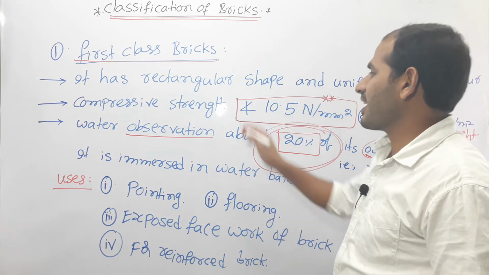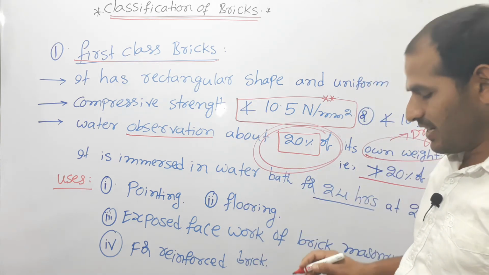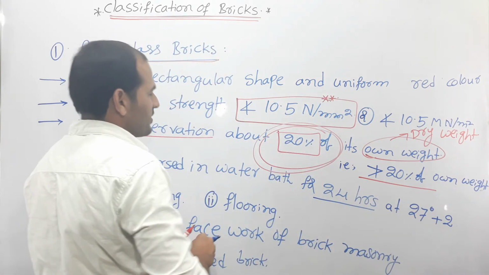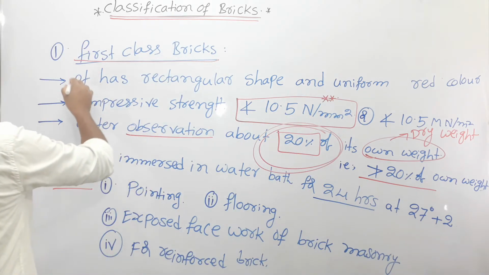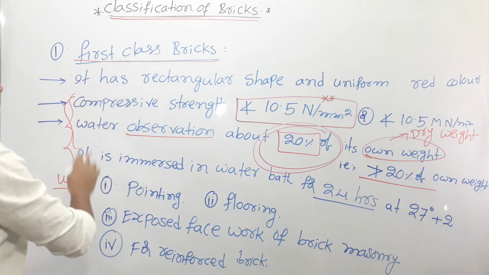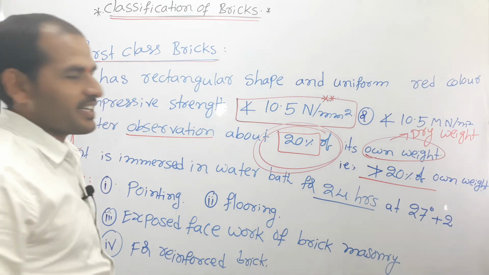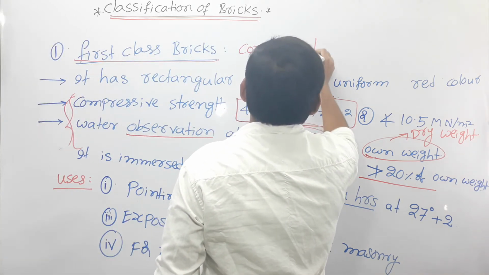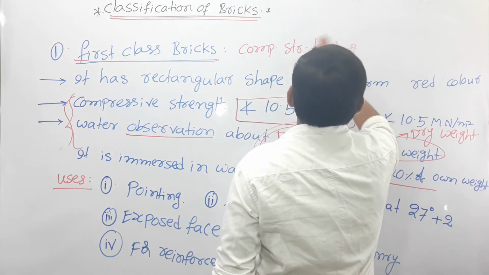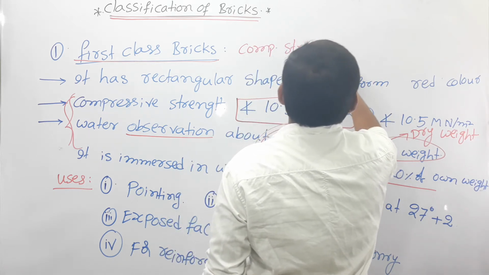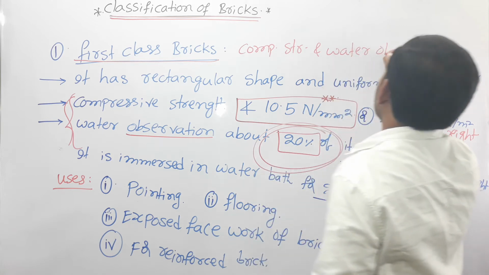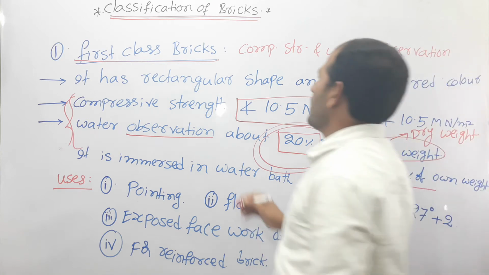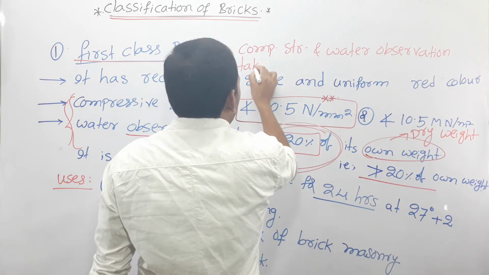For the compressive strength test and the water absorption test, take a minimum of 5 samples.